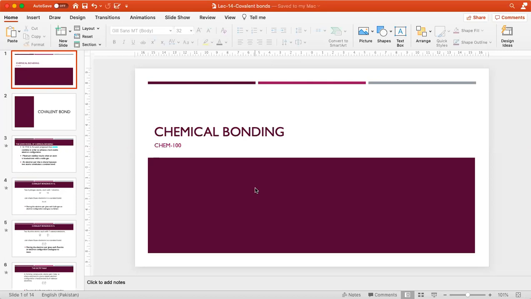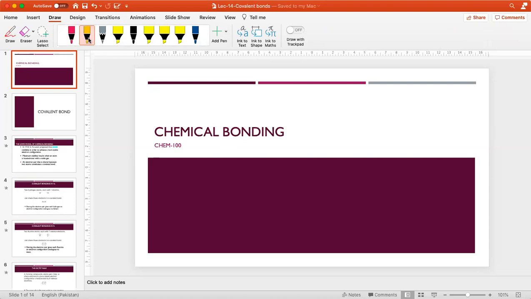One is the core electrons, C-O-R-E, core electrons, and the other are valence electrons. Before I dive into this, we need to understand the capacity of the shells.